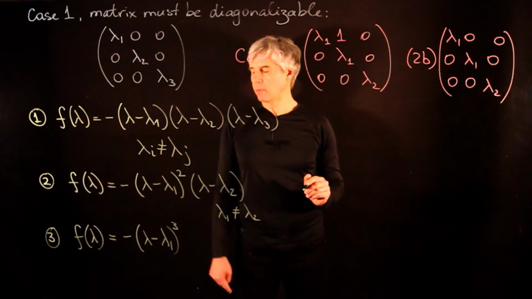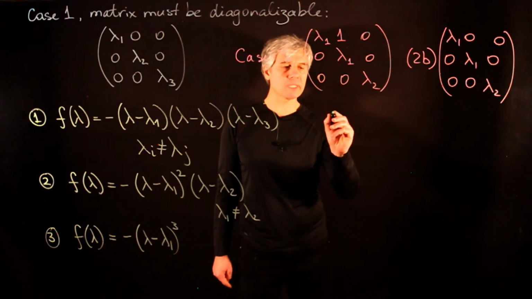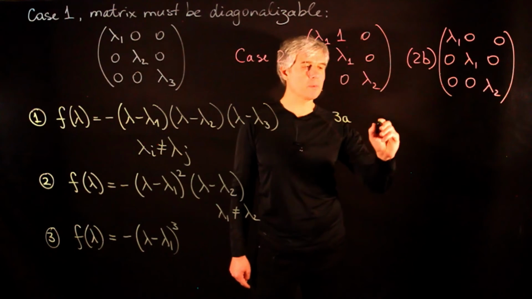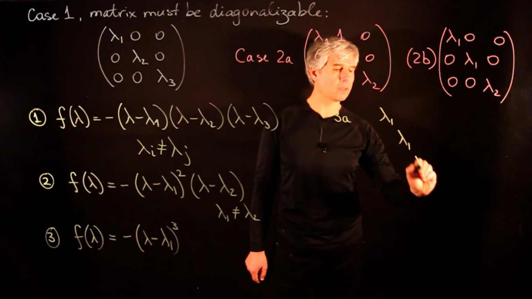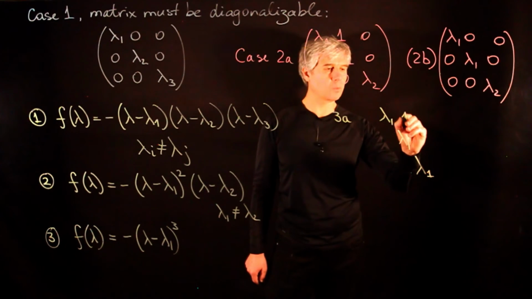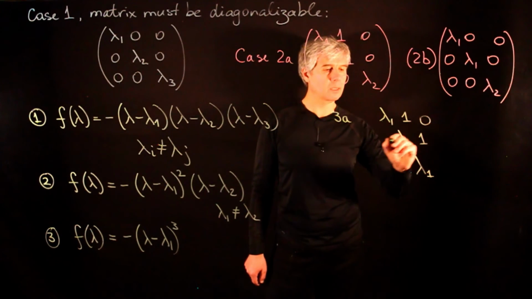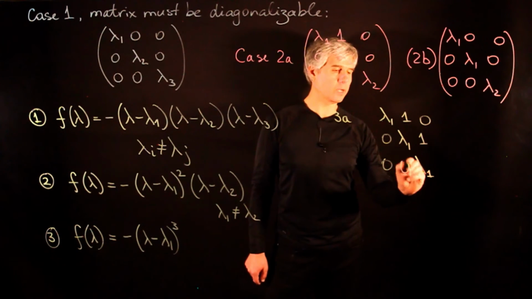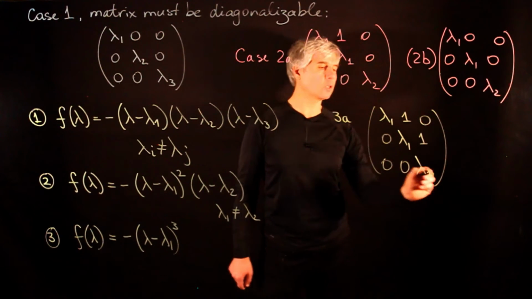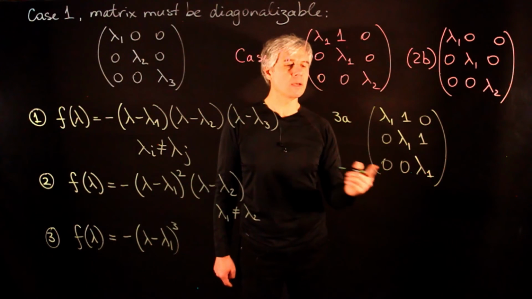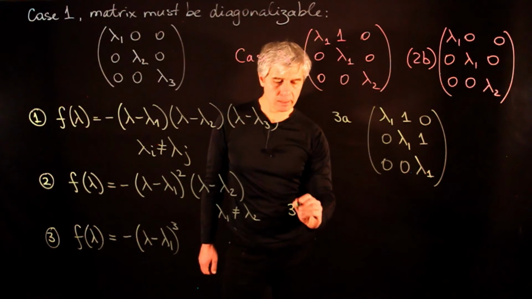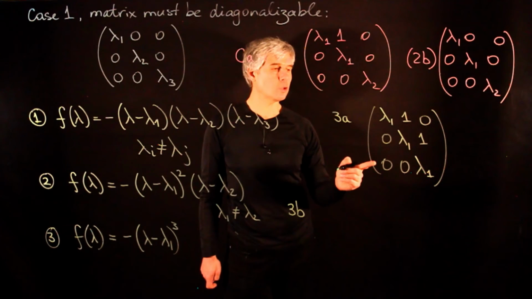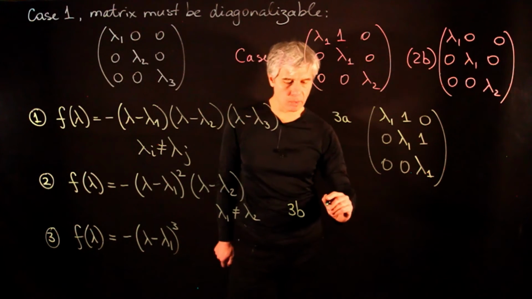In case 3, we have 3 possible subcases. So we could have 3a, the following: lambda 1, lambda 1, lambda 1, then 1 here, and zeros elsewhere. So this is a single Jordan block of size 3 with eigenvalue lambda 1. In case 3b, we could have a 2-by-2 Jordan block and a 1-by-1 Jordan block.